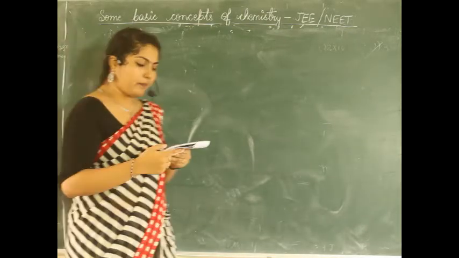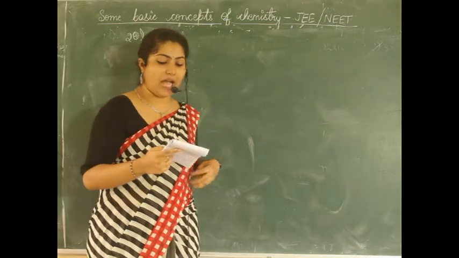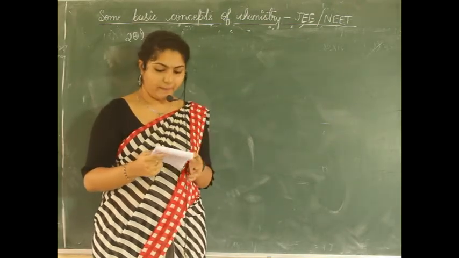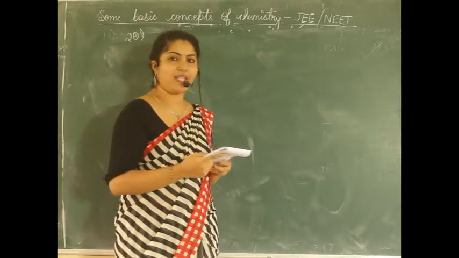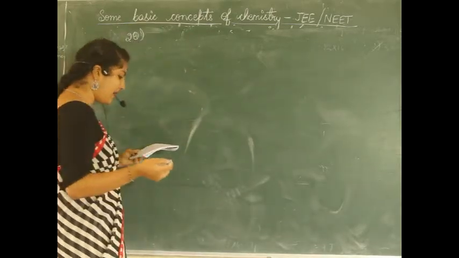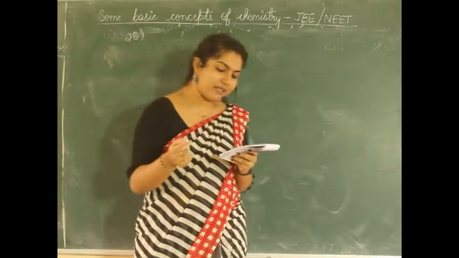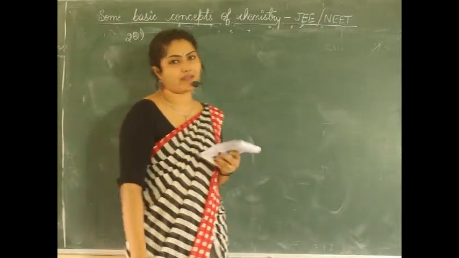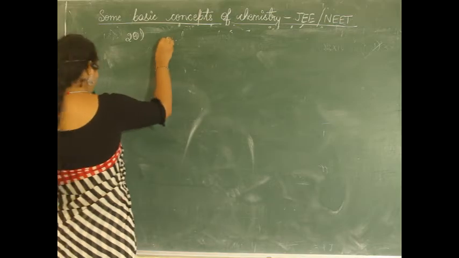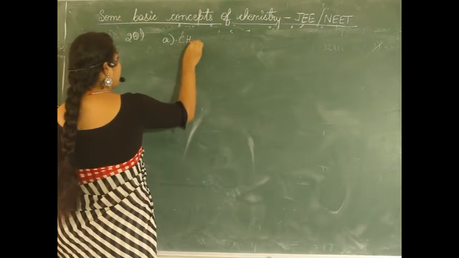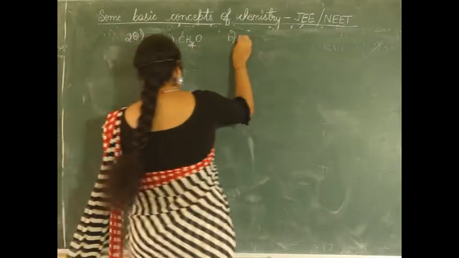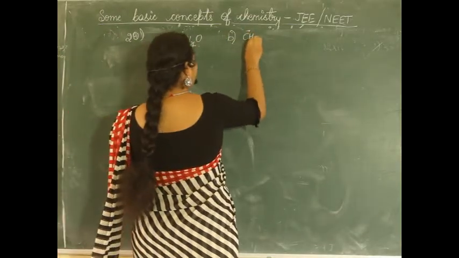An organic compound contains carbon, hydrogen and oxygen. Its elemental analysis gave carbon to be 38.71%, hydrogen 9.67%. The empirical formula is what you have to find out. Again, you have to make the table, because the table is the easiest way that you can solve it if you are quick at solving.